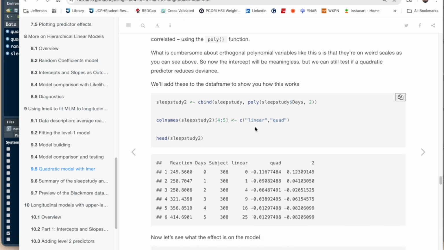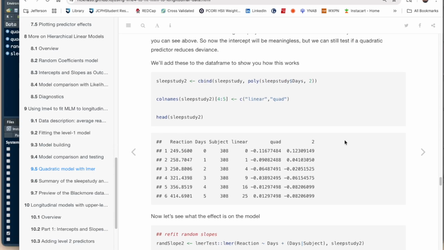And all that does is, if you use this poly function with 2 for a quadratic, it just makes you two new variables. And these two new variables are linear time and quadratic time, but they're orthogonal to each other.